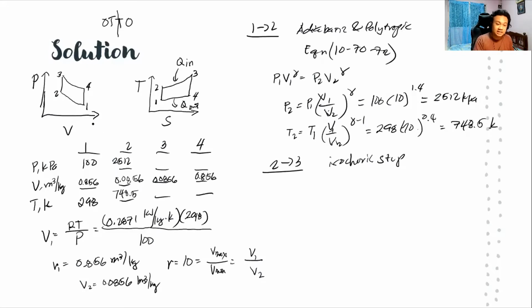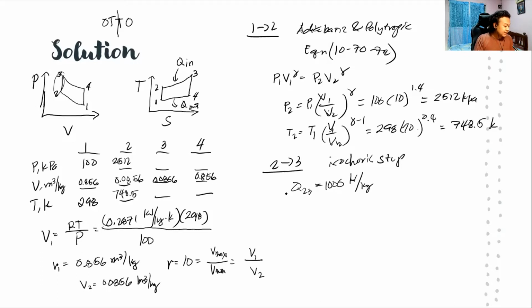So meaning it was here. So Q in is equal to Q 2 to 3, because it was added at constant volume. So we have 1,000 kilojoules per kilogram here, right?